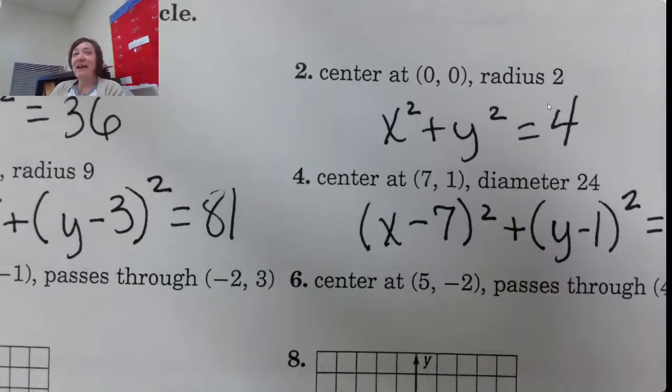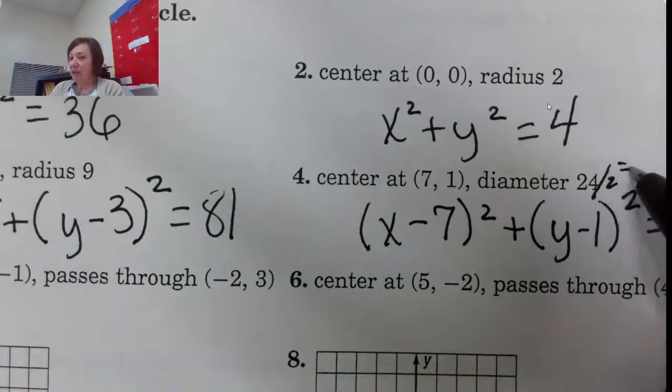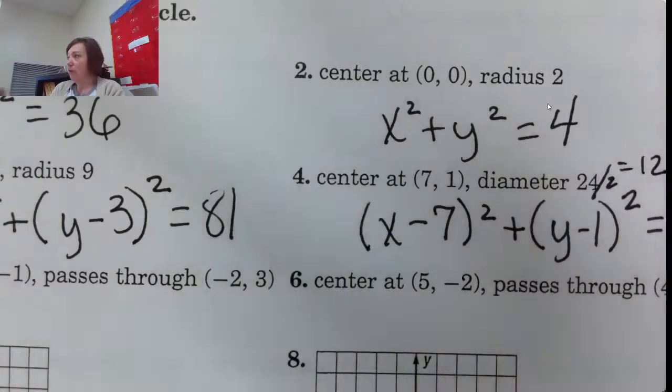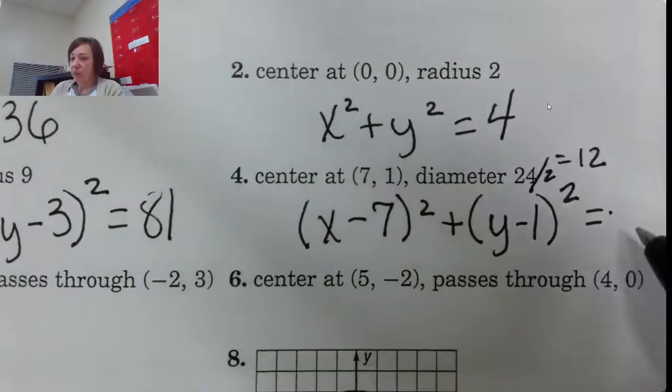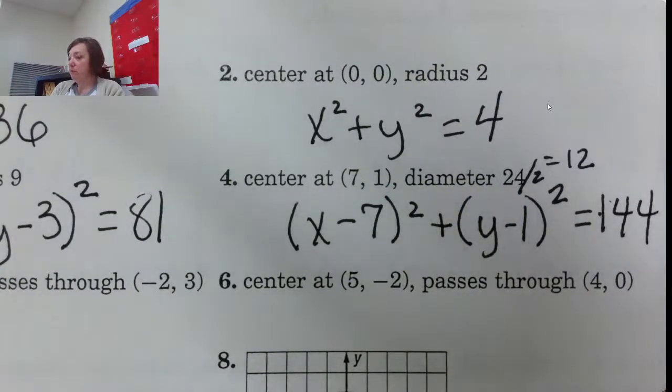Yeah, so that's the diameter. And what do we need? So we need to divide that by 2, get 12, square 12, right? Because we need the radius, not the diameter. So what is 12 squared? 144. So 144 is what goes over here. Y'all with me?